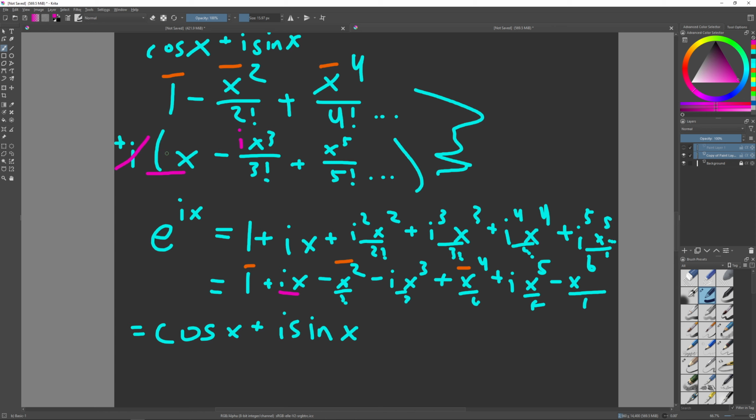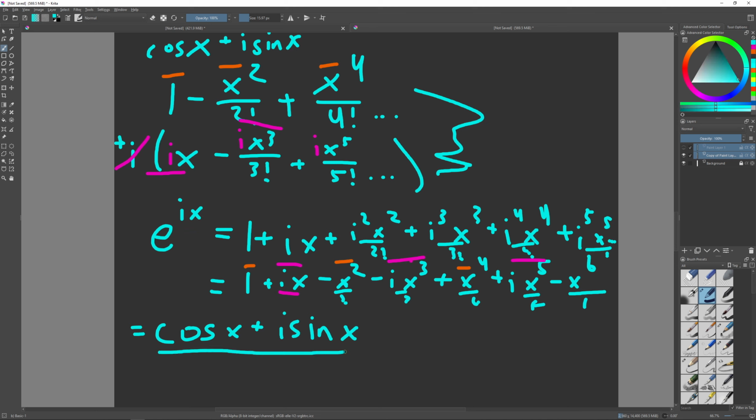So minus ix cubed over 3 factorial is also here. Then we have plus I times x to the 5th over 5 factorial is there. So you can see that we're getting all the terms. It's switching between the cosine and the sine here.